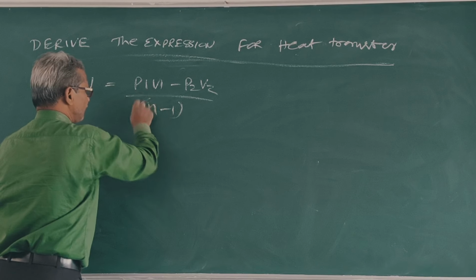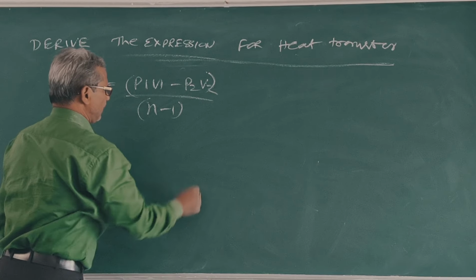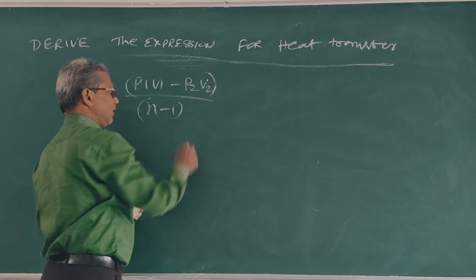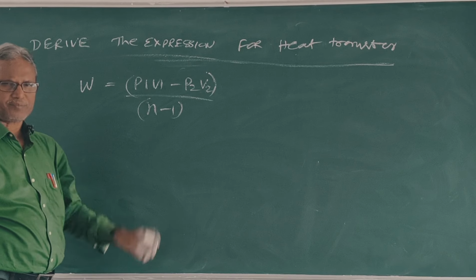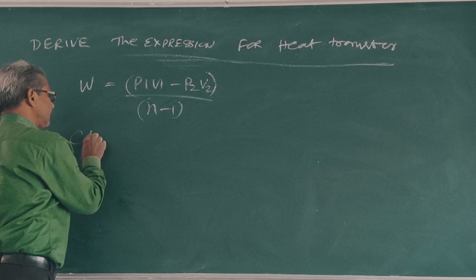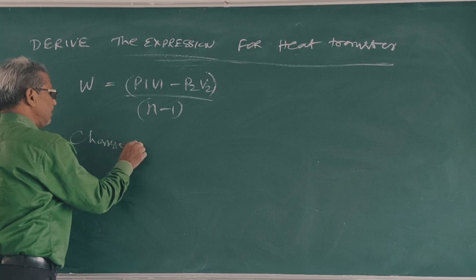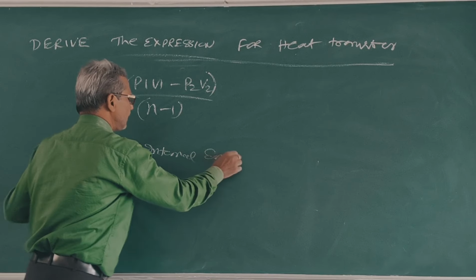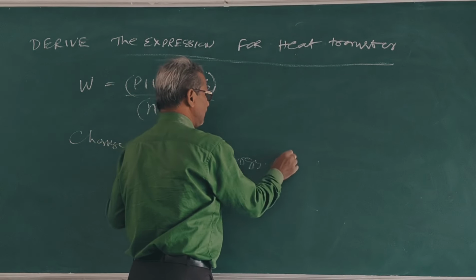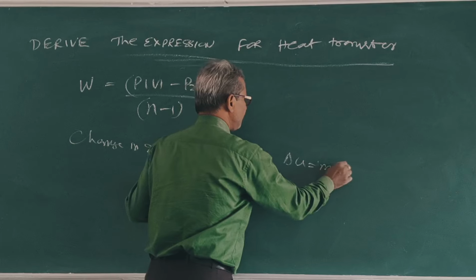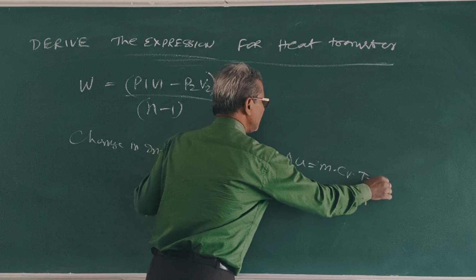This I have already derived last class. Similarly, change in internal energy, delta U is equal to m Cv (T2 minus T1). Clear?